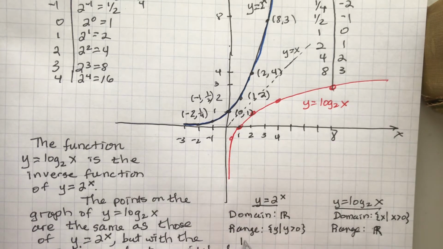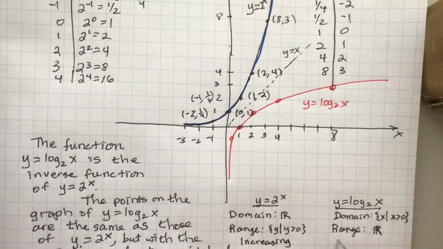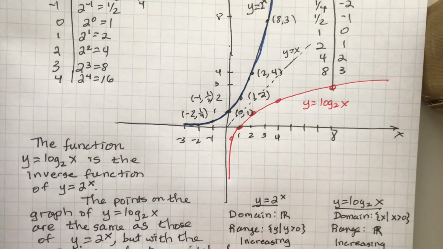y equals 2 to the x is increasing, and so is logarithm. y equals 2 to the x has a horizontal asymptote. The horizontal asymptote is the x-axis. You can just see these things.